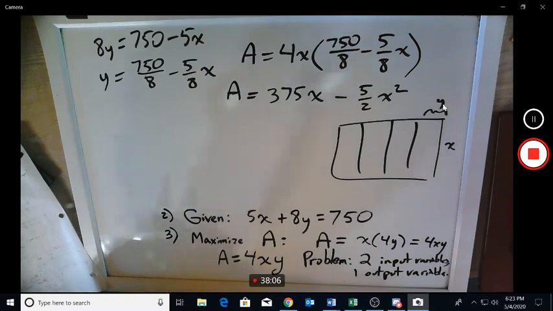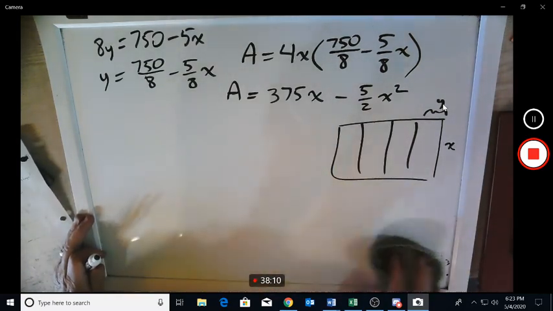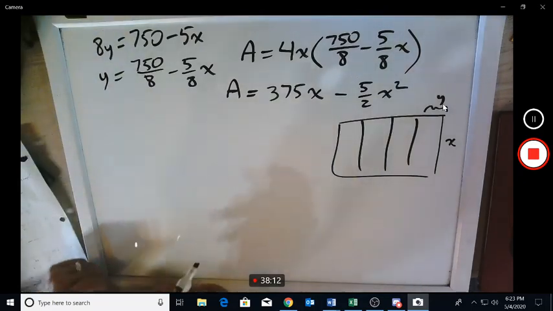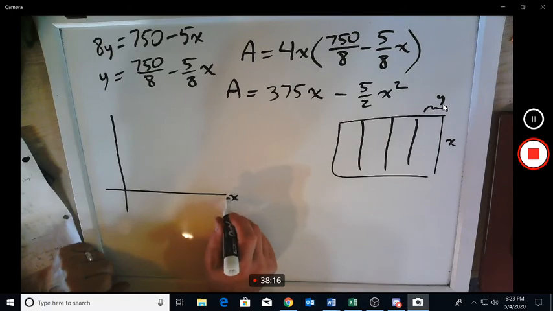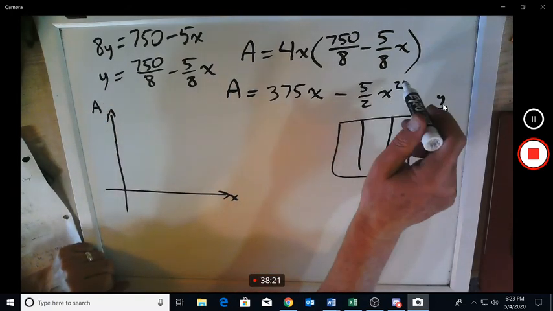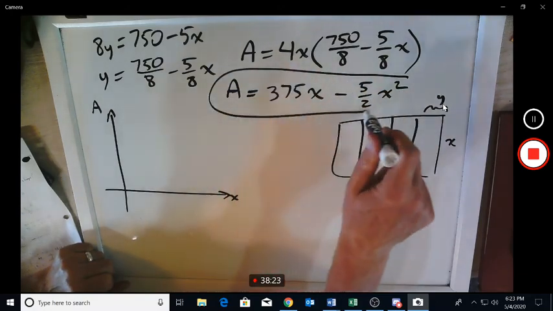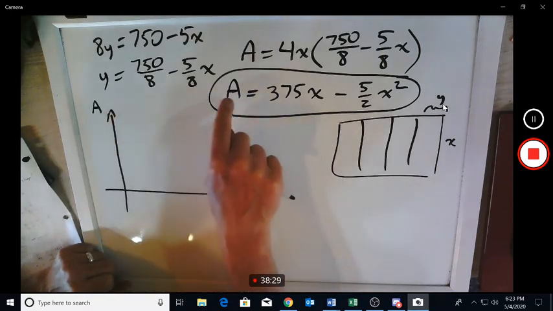And when I do that, I can think of it as x and A. And what shape is this curve? You might be uncomfortable just because that's an A, but think of it as a y for a moment. Just replace that with a y.